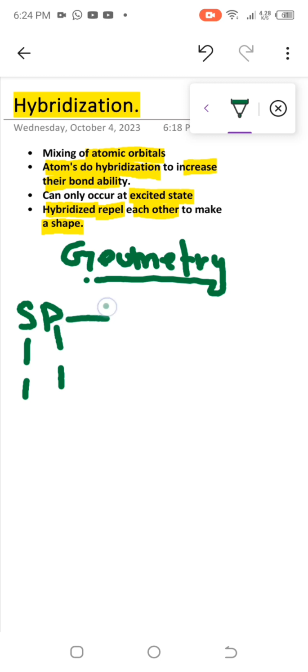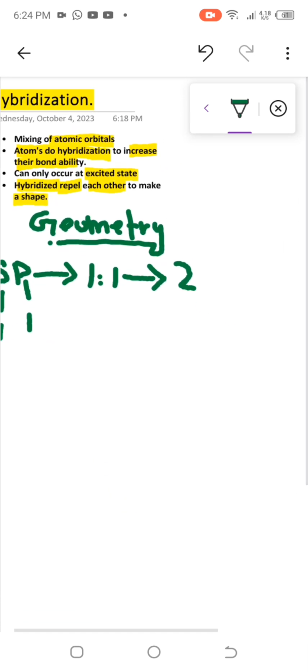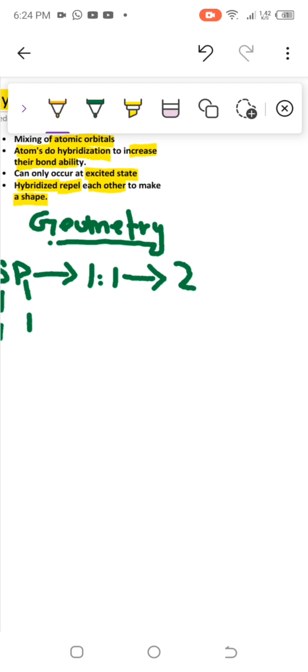When 1 ratio 1 combine, they will form 2. So 2 here is the hybridization. Fine.